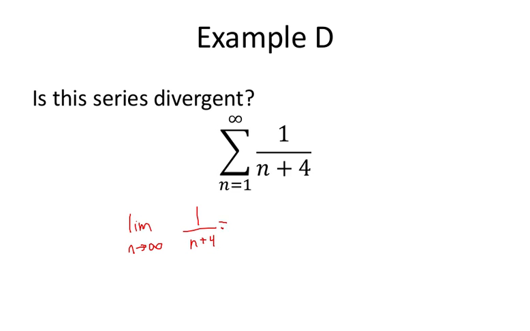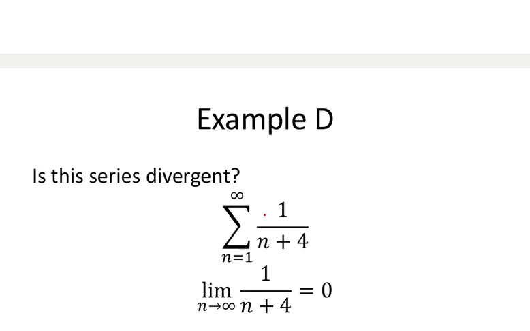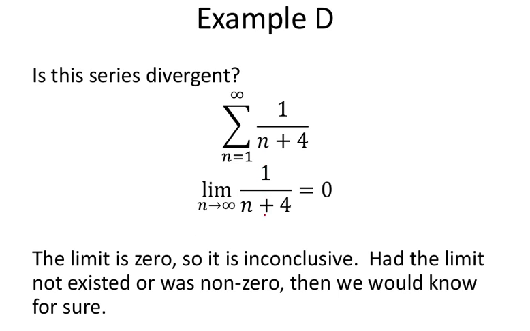And you get that this is actually going to be equal to 0, because the denominator becomes very large. What does it mean if you get a 0? Well, it tells us it's inconclusive, because in order to know if it diverges, it would either have to be non-existent or non-zero. So we don't really know for sure if this converges.